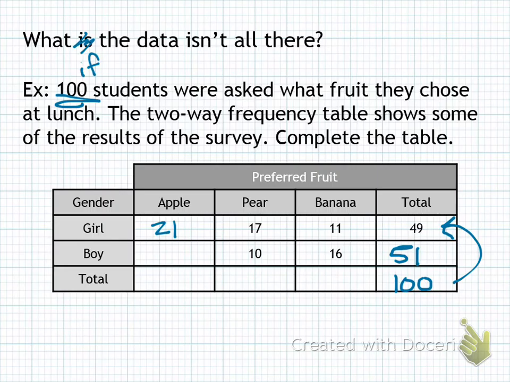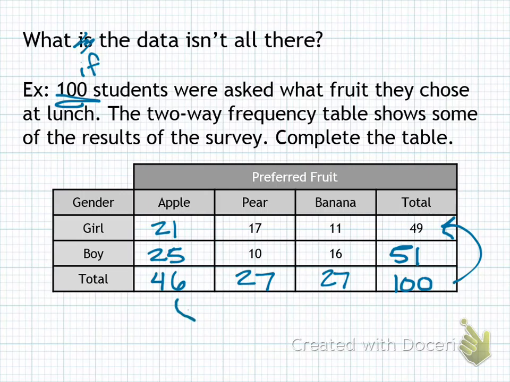Okay, and now I can do the same thing here. I can add these together to get 26. Subtract that from 51, I get 25. And then I can just add each of these down to get my totals here. Okay, so I have 46, 27, and 27. I can check my work by adding these and making sure that I end up with 100.